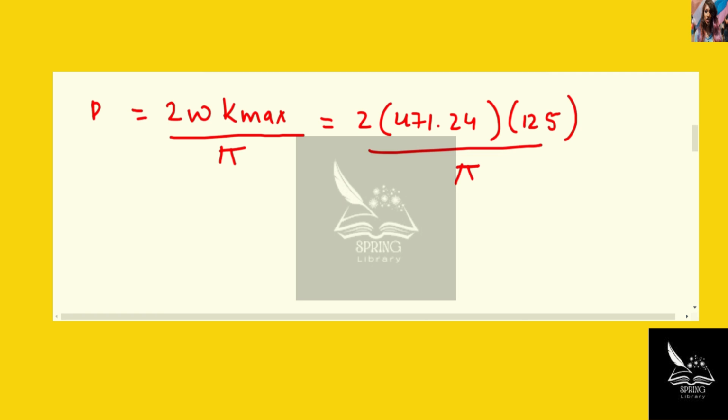So we are getting the value 3.75 into 10 raised to 4 watt. So this is the power. This is our power. Understood? So now let's move on to the E part.